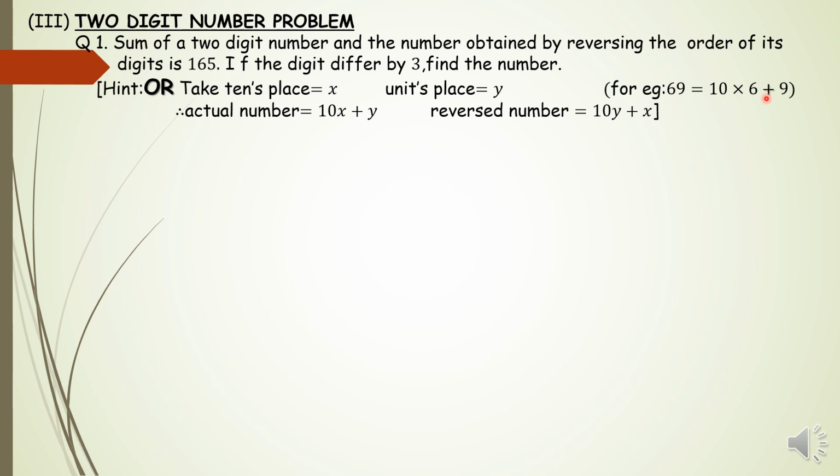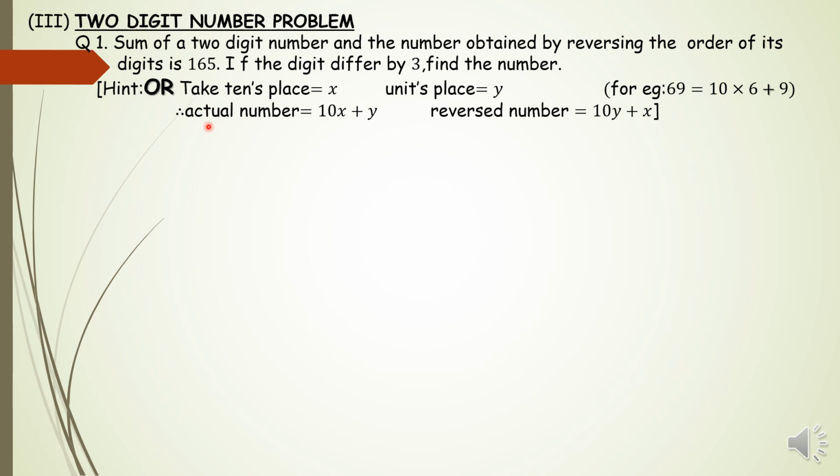Apply BODMAS rule. 10 into 6 is 60 plus 9, that is 69. So any number can be expressed in the form 10 into the tens digit plus the units digit. So how we can write in the general form? We have taken the tens place as x and units place as y.